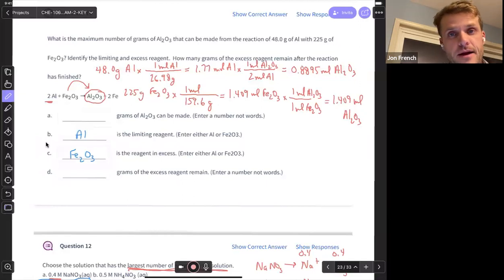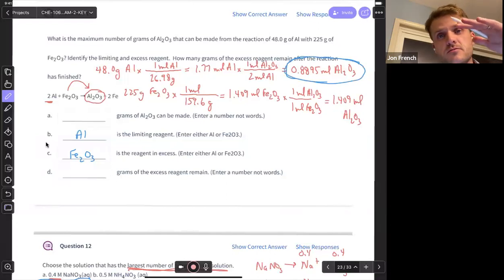Now let's answer A, and then we'll answer D, because I only need this information to answer A. The limiting reagent is aluminum. When aluminum's consumed, the reaction stops at 0.8895 moles of aluminum oxide.